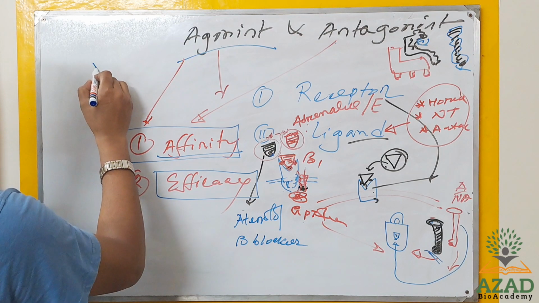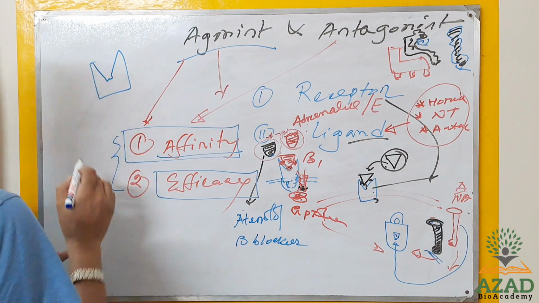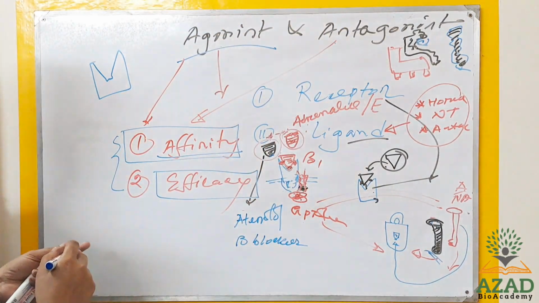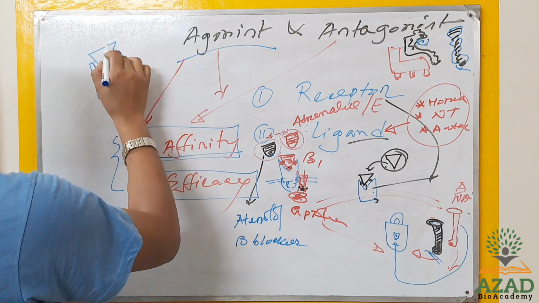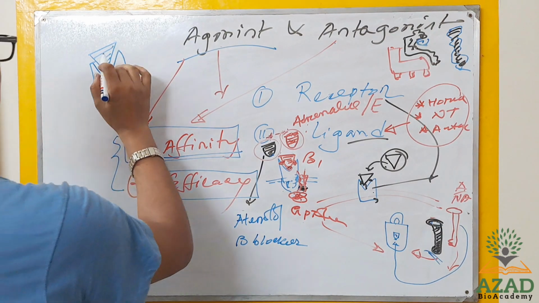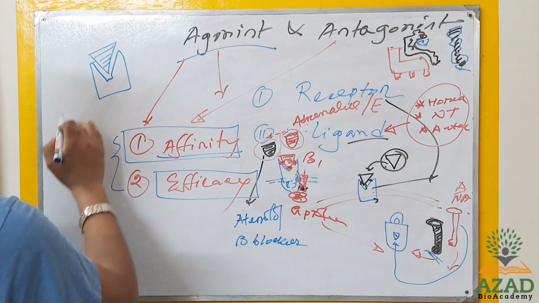Now I will give you another way to see the agonist. If you think this one is a receptor, and you make a design of the antagonist, it would be roughly something like that. That is the agonist versus the antagonist. But if you try to make a design of the agonist, it would be like that.